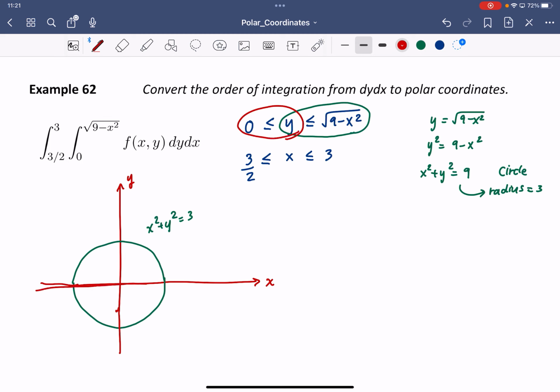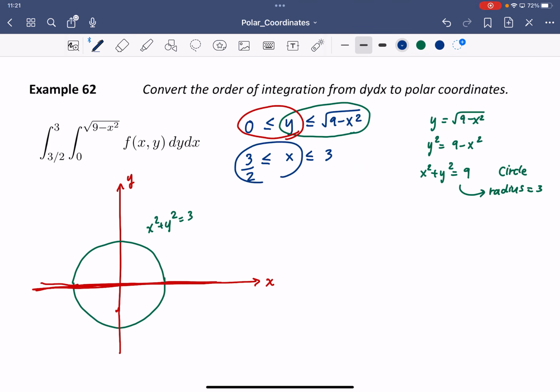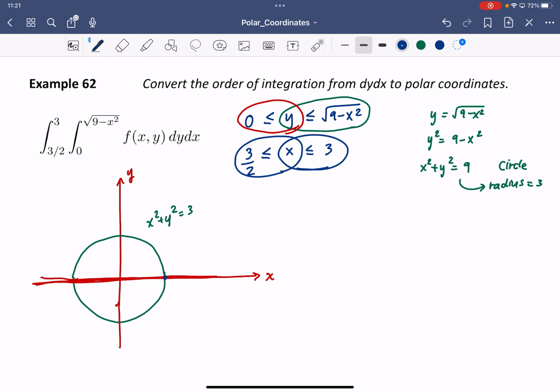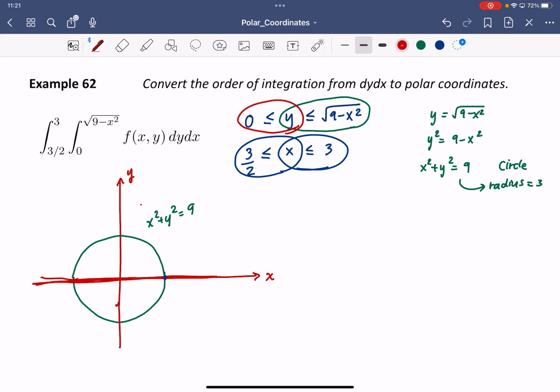The x-axis. This is going to be your one cut. And then you have x equal to 3/2 and x equal to 3 as well. So x equal to 3 and x equal to 3/2. So this is 1.5.